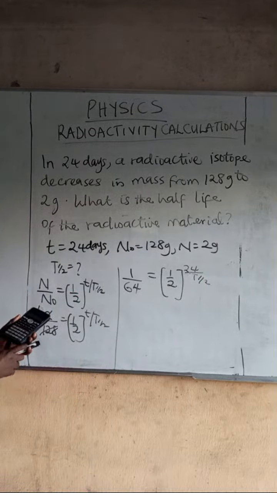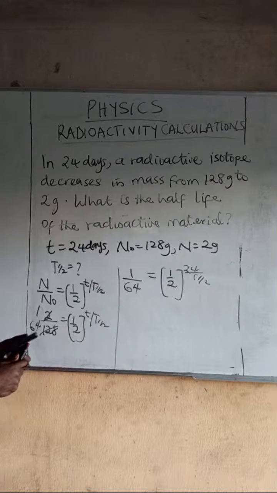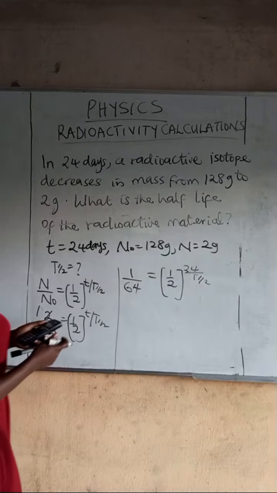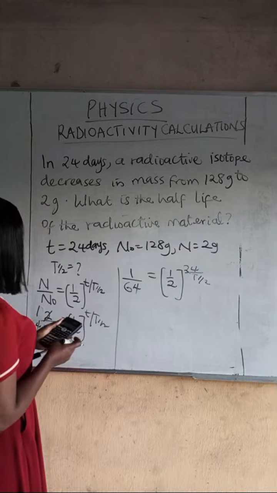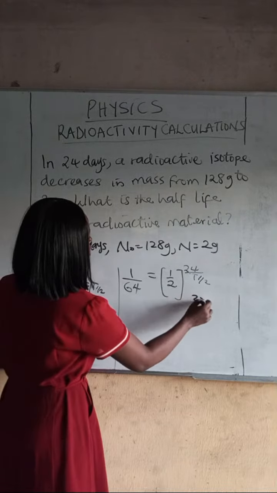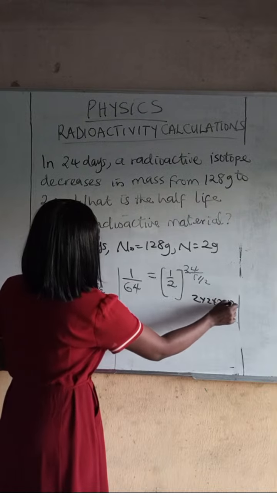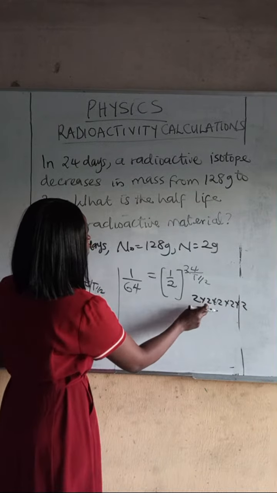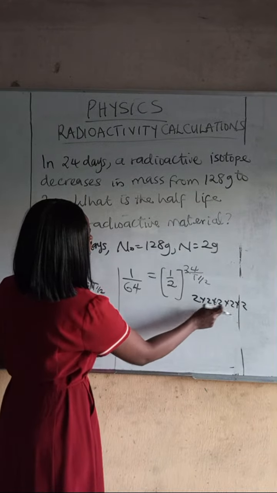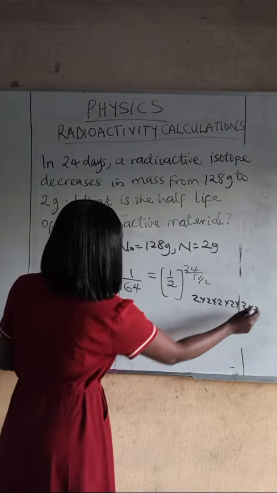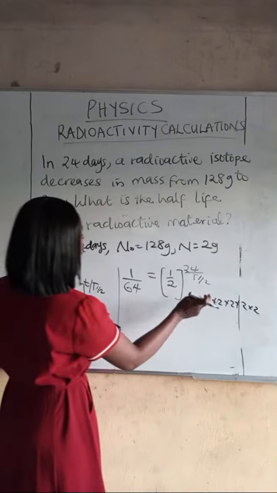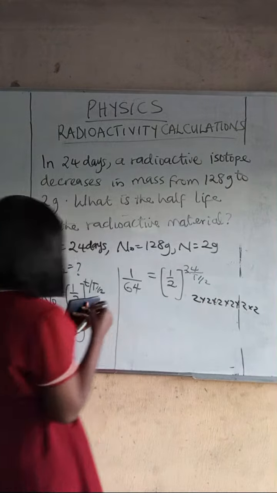So how many times will you raise 2 to get 16? 2 times 2 is 4, times 2 is 8, times 2 is 16. That is how many? 1, 2, 3, 4.